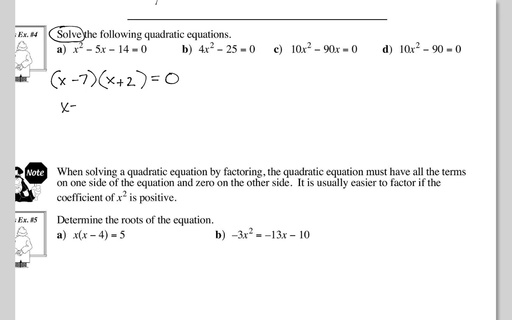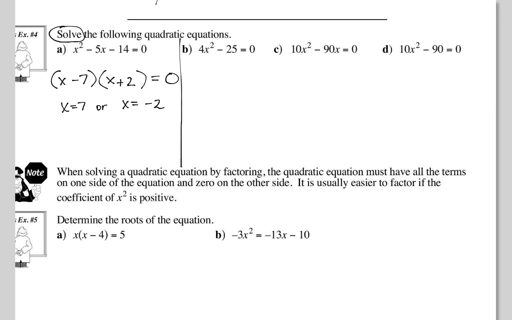So x is 7, or x is negative 2. So the factors are minus 7 and positive 2, but the actual solutions are the reverse of that. Because remember, you have some quadratic equal to 0.